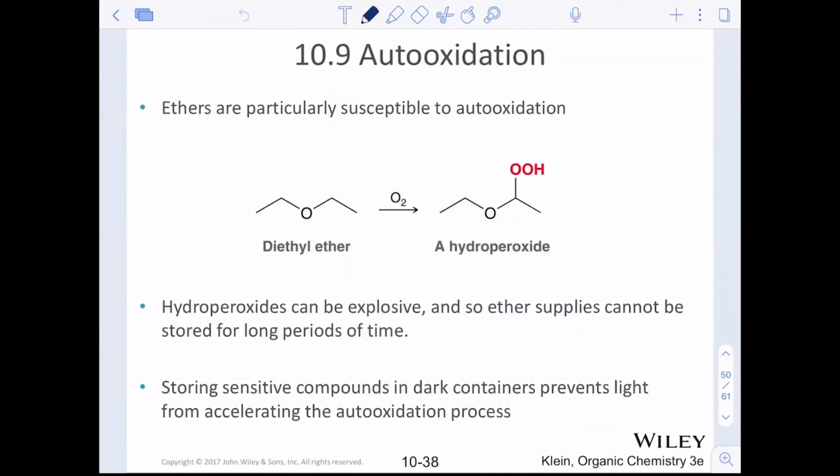In the lab, we use diethyl ether quite a bit in organic research, and so it has to be stored at a very, very specific temperature in a very, very specific canister because of the auto-oxidation that could happen. Hydroperoxides can be very explosive, and so we have to store ethers very carefully so that we don't lead to lab accidents.